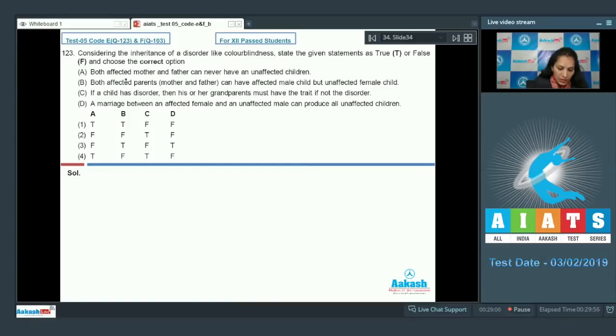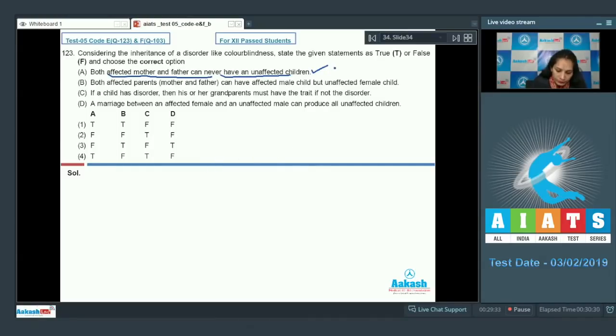See statement A. If both the parents are affected by color blindness, meaning both the parents are color blind, they cannot have an unaffected child. This is true. If both the parents are affected, how can they have an unaffected child? It is a possibility only if parents have just the trait, they are not affected, then they can have an unaffected child.